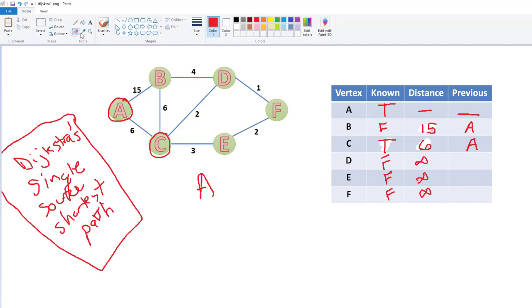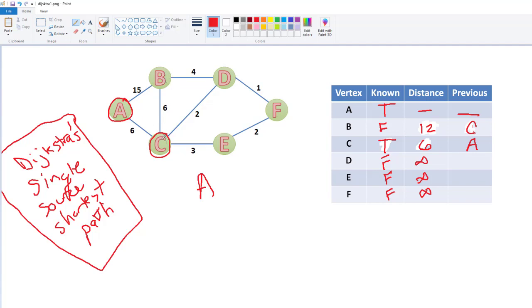So I'm going to correct this, and I also have to update where I came from, because I'm no longer coming directly from A. I'm now going through C. So I have a 12 right here, and then I'm going through C. Just because B was connected to A to start with does not mean that was the shortest path. So now I continue.